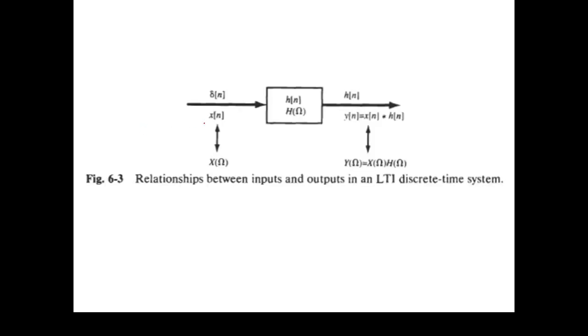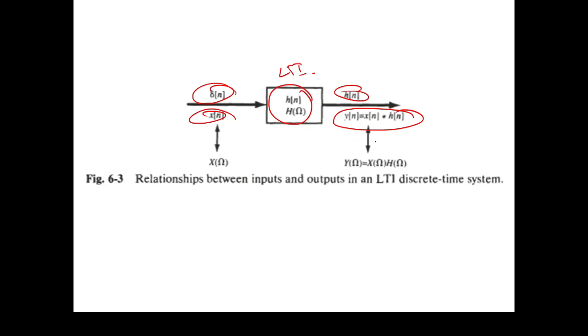Just before that, the same analogy I discussed some time ago applies: if you have an LTI system, how can we do its input output relationship in the discrete time domain? You will be able to appreciate the input output relationship of the LTI discrete time system.